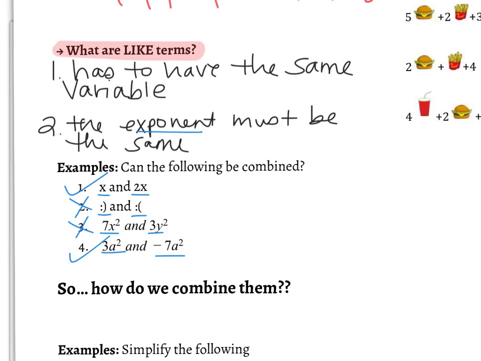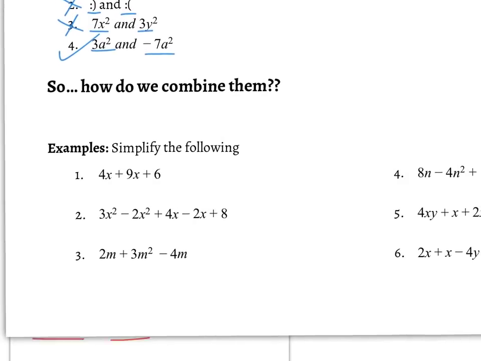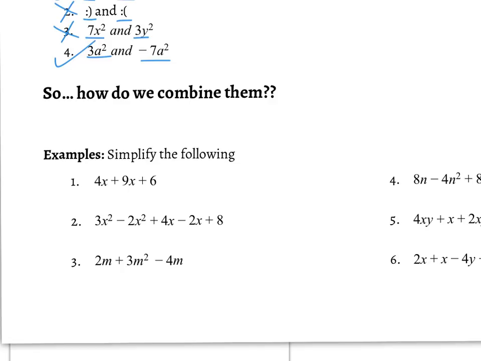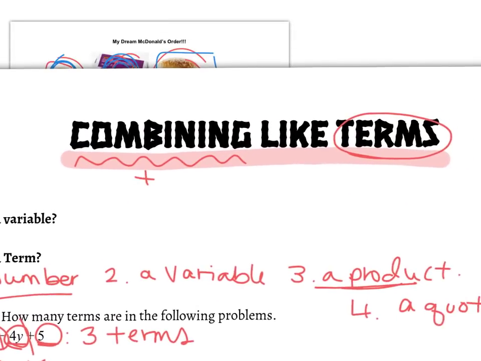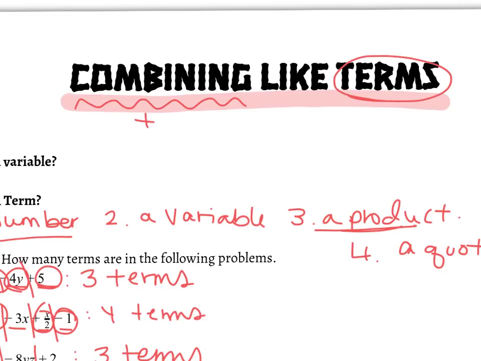Okay? So, big question of the day. How do we combine them? Right? So let's go all the way back up to the top here. Let's look at our heading. Combining like terms. So I know combining means to add.